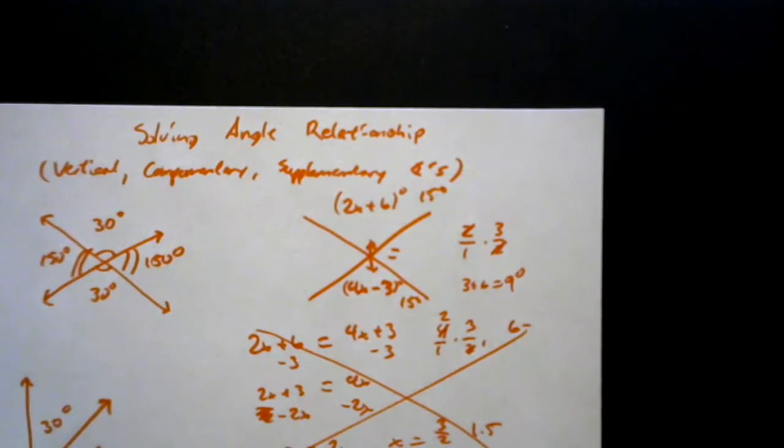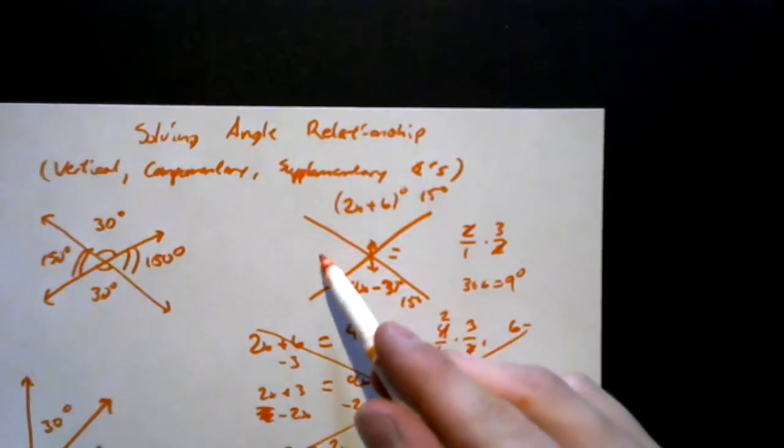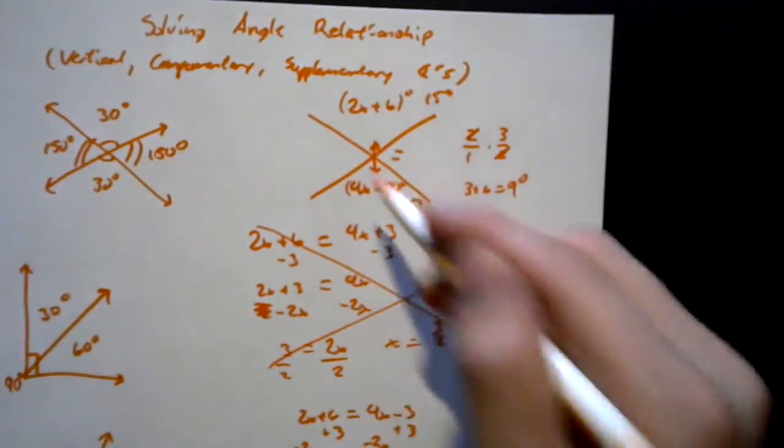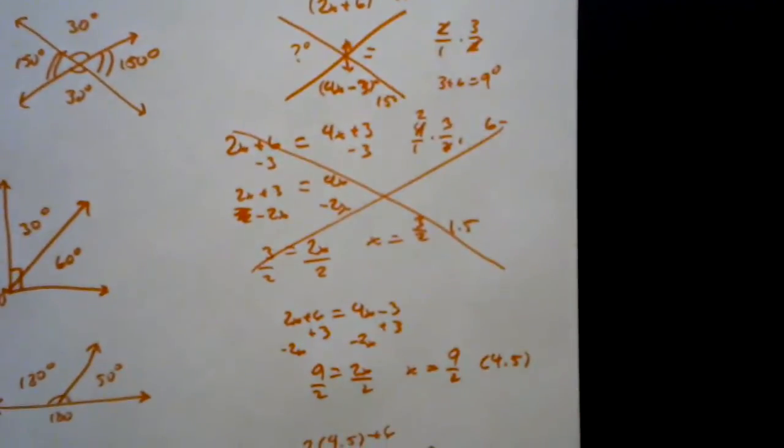Yay. And now if we really want to, we know that we can just set these, find x, which we'll do as a supplementary angle and find this degree right here.